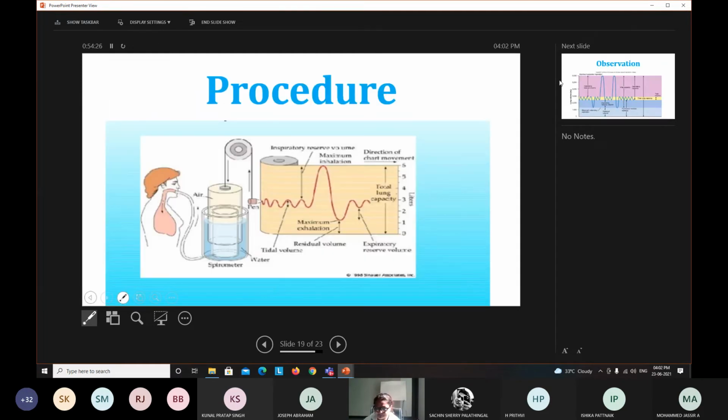Next, coming to the procedure. Okay, so here again you ask the subject to breathe normally and train him what he is supposed to do. Normally the training is given for normal breathing, then deep inspiration following normal breathing, then deep expiration following normal breathing, forceful inspiration, forceful expiration.